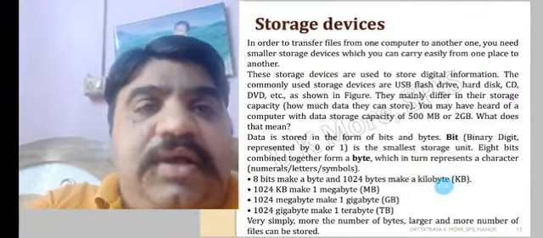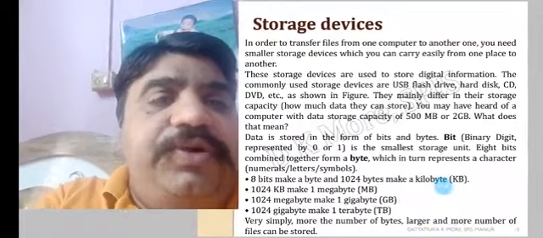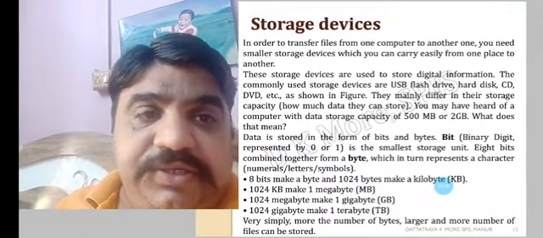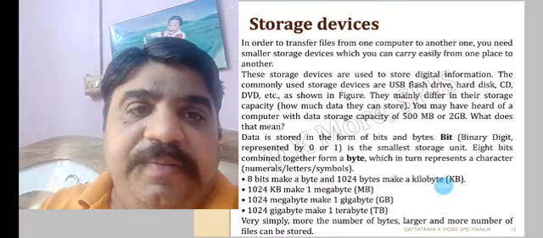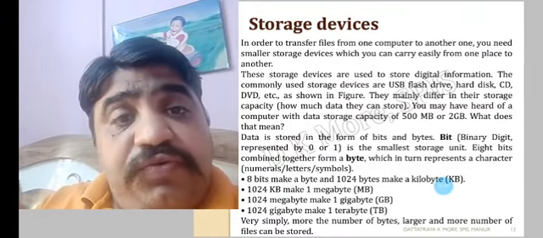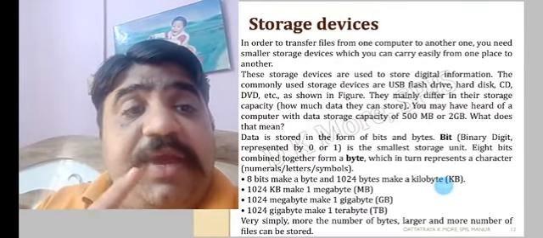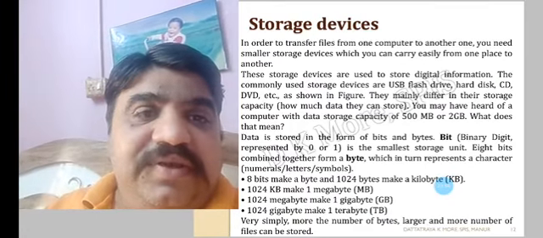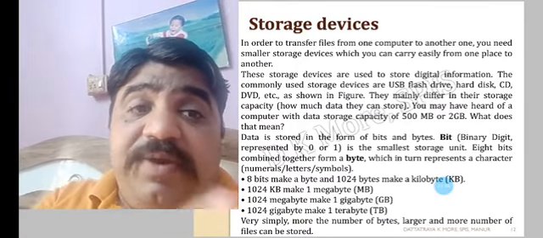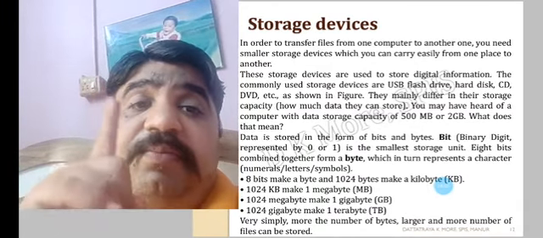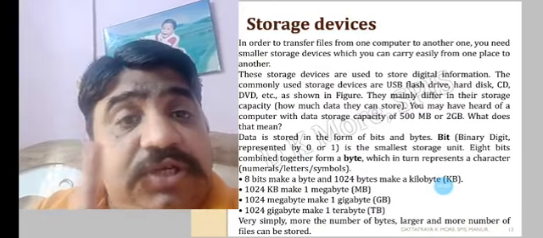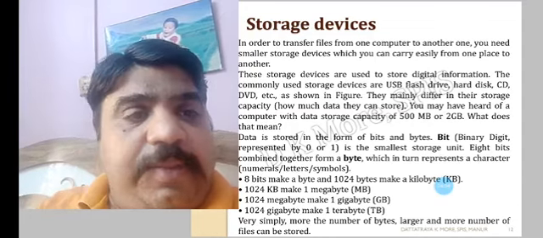So let's see a little configuration about it. 8 bits make a byte and 1024 bytes make a kilobyte, KB. 1024 KB makes 1 megabyte. Again it is increasing. 1024 megabytes make 1 gigabyte. 1024 gigabytes make 1 terabyte.